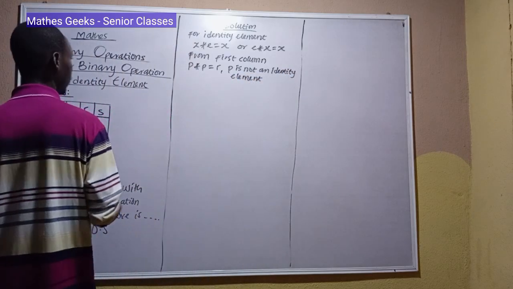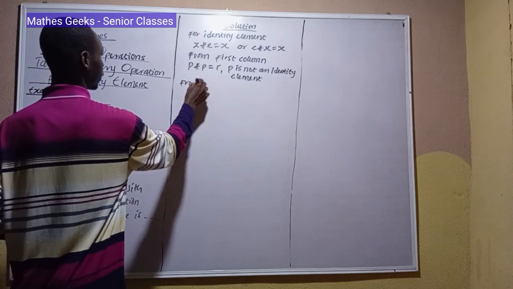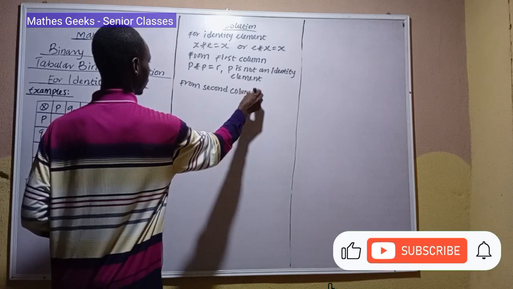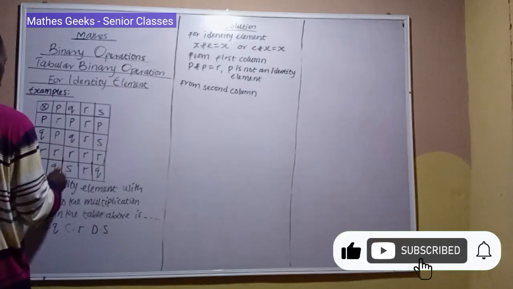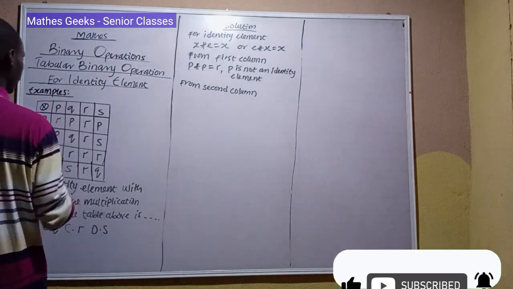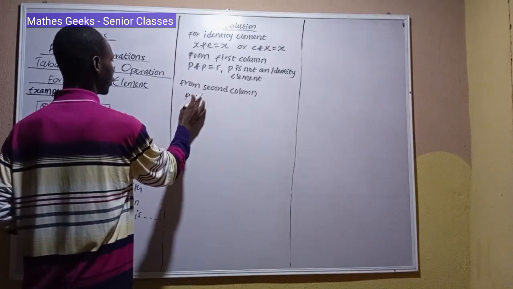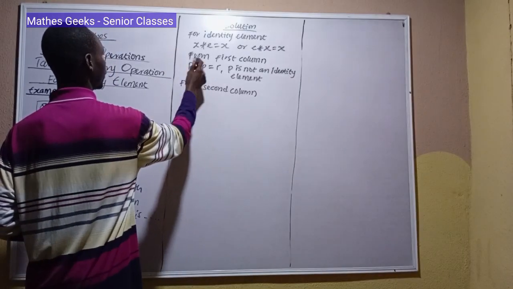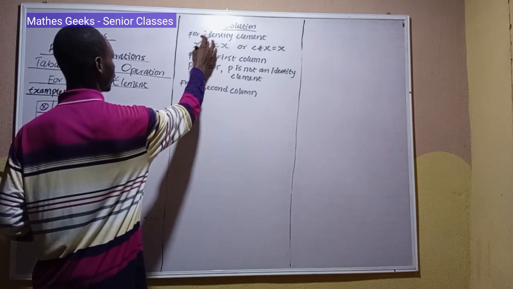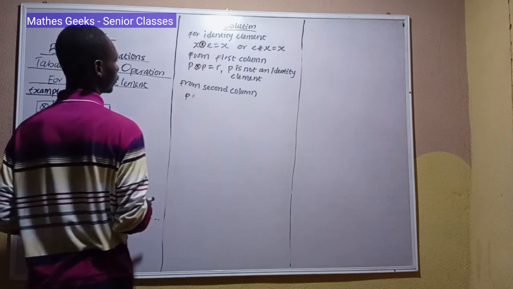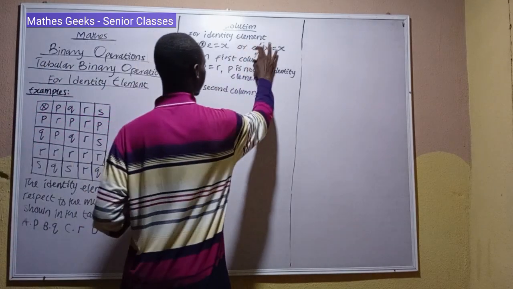So let's go to the second row. From the second column, P operation Q gives us P. So here this operation is this operation.